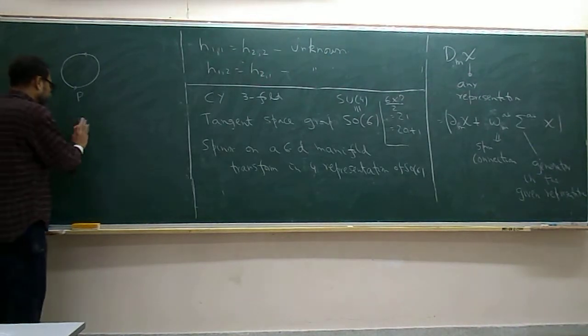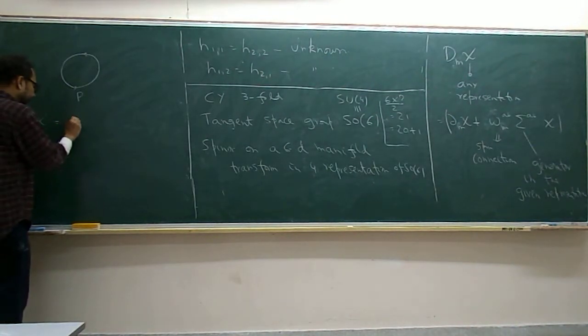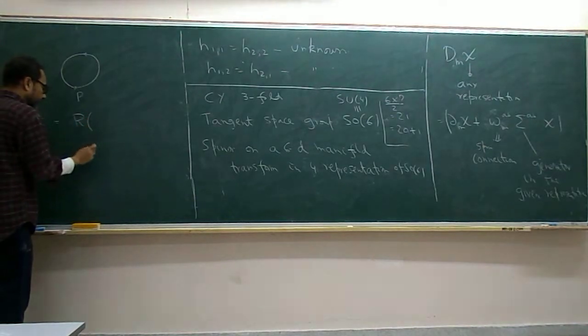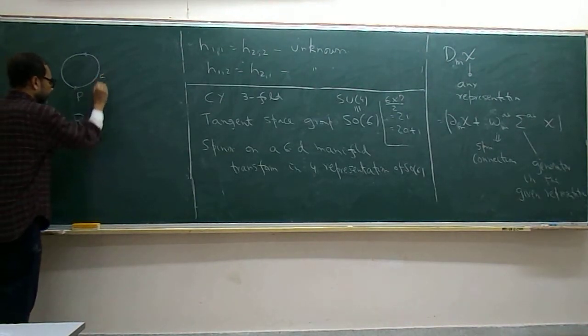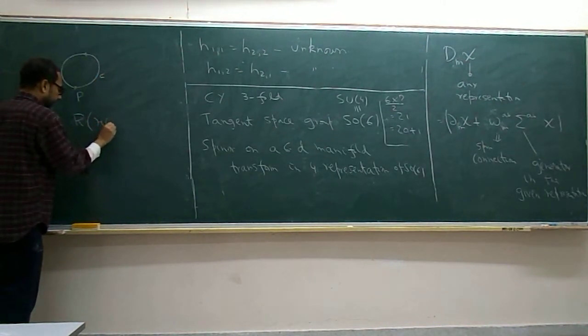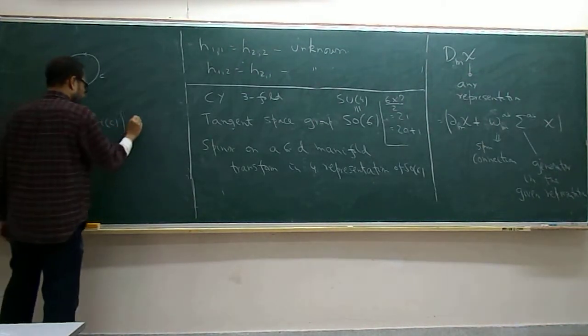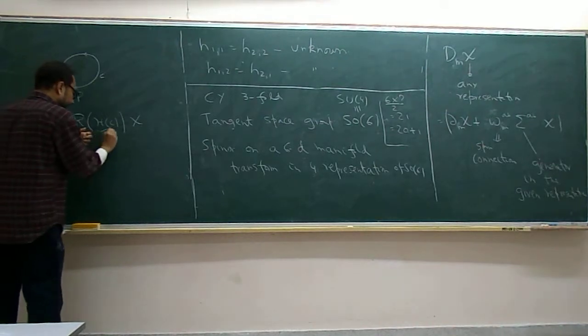And the answer in fact is very simple. This is given by R of H of C on chi. I'll explain what this is. What is H of C?